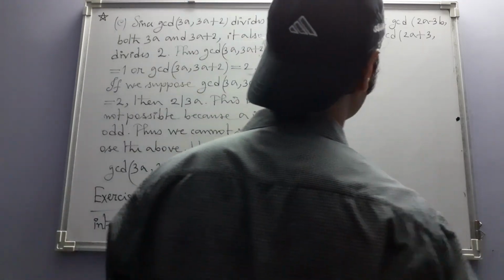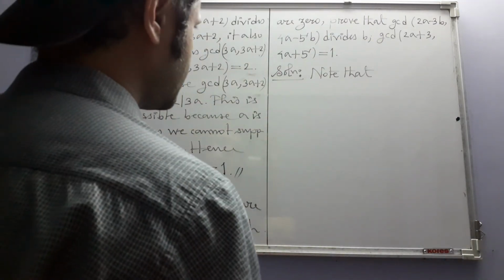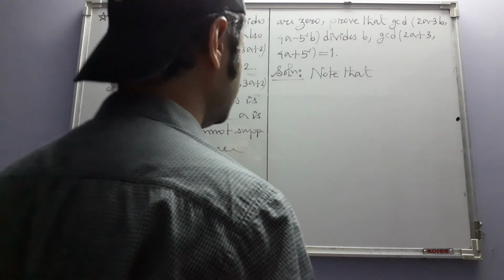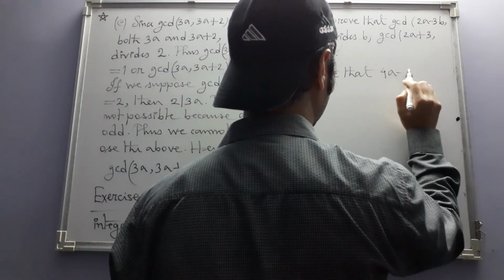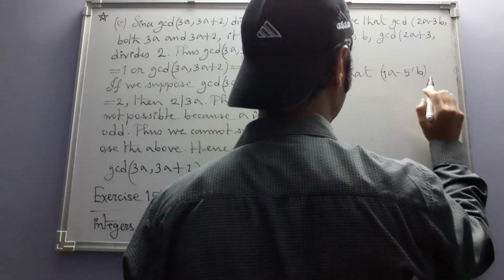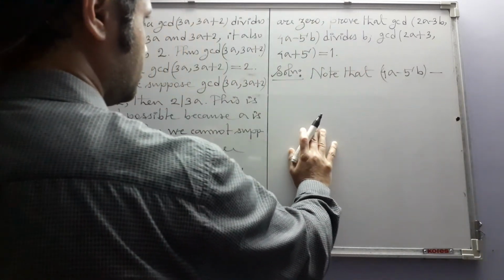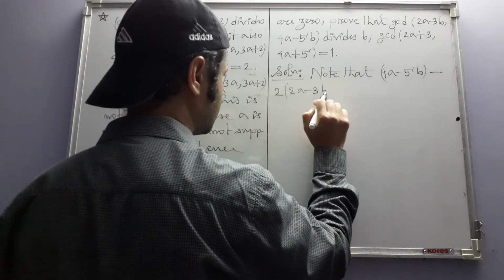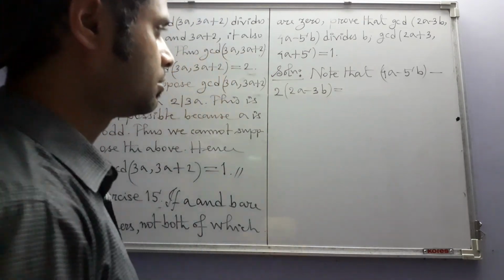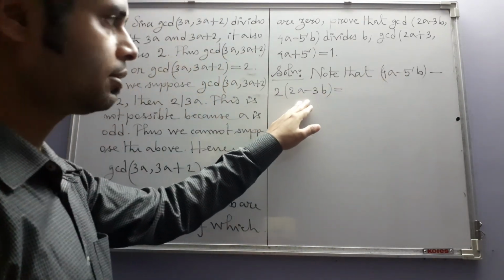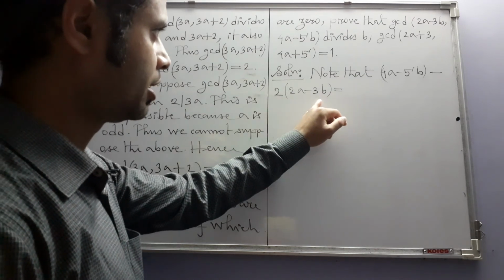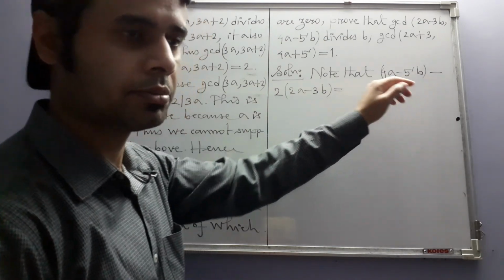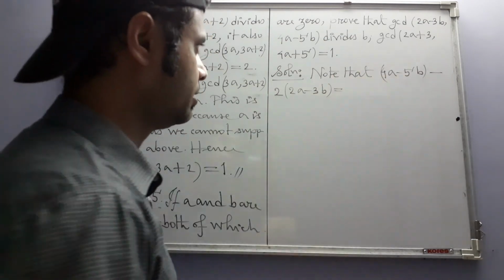Note that 2a minus 3b and 4a minus 5b. So 4a minus 5b minus, if we take 2 times 2a minus 3b, what do we get? 4a minus 4a, they cancel out, minus 6b, but we have one minus here, so that means 6b minus 5b is b.